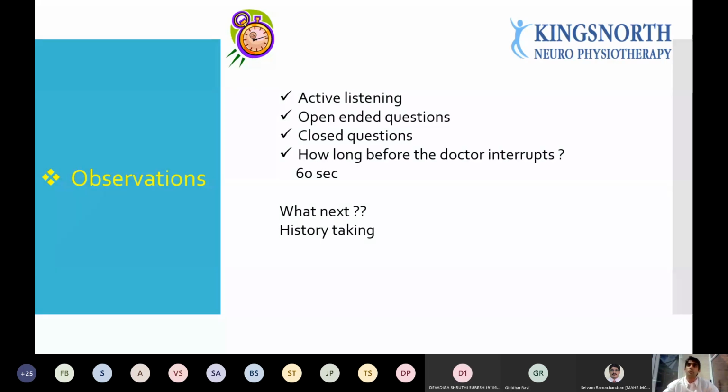Sometimes it may appear that we are a little bit rude when it comes to breaking the conversation, especially in a culture like England. They do mind if we stop them in between, but once the consultation is finished, it will all make sense.